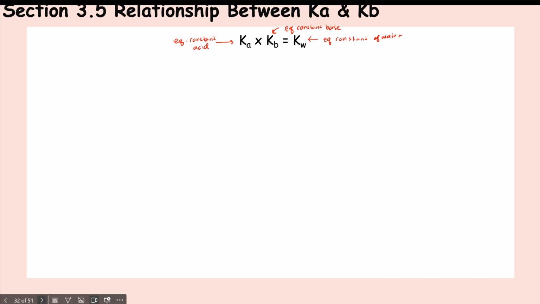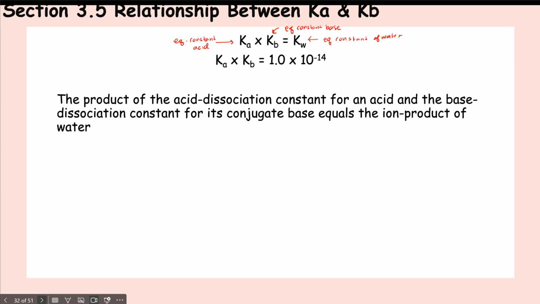And I like to put in the value of Kw at this point, which is 1.0 times 10 to the negative 14. And we may have seen this, that the hydronium concentration and hydroxide concentration multiplied together is equal to the Kw, which is 1.0 times 10 to the negative 14.